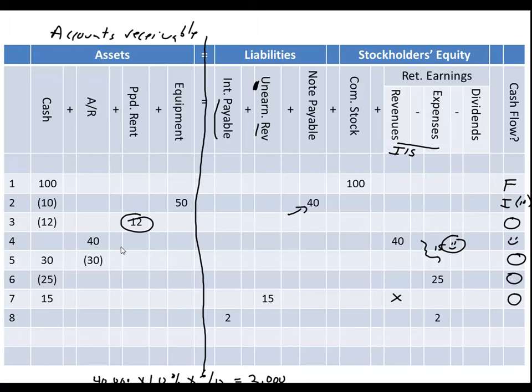Well, 6 of those months have gone past. And so while we originally recognized a $12,000 asset, recognizing 24 months worth of asset, here we are at the end of the year, we don't have 24 months of asset left. We've only got 18 months of asset left. We've used up 1/4 of our prepaid rent.